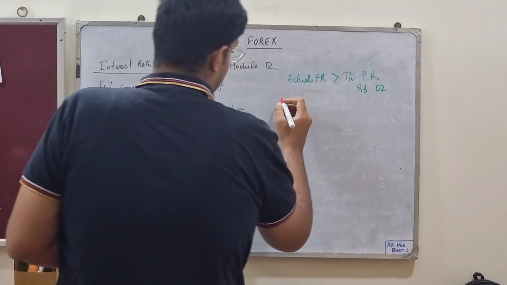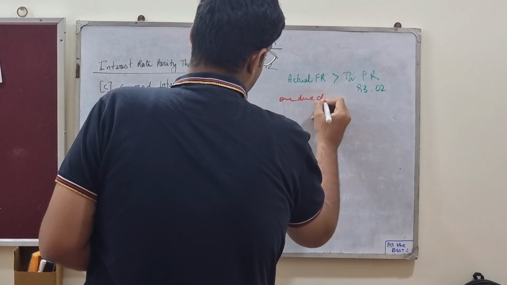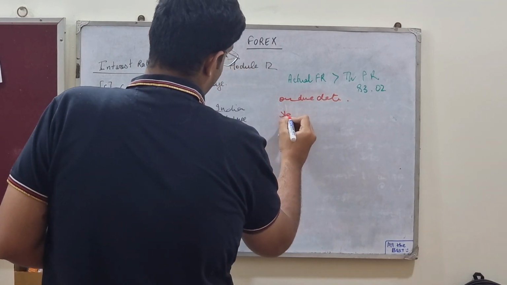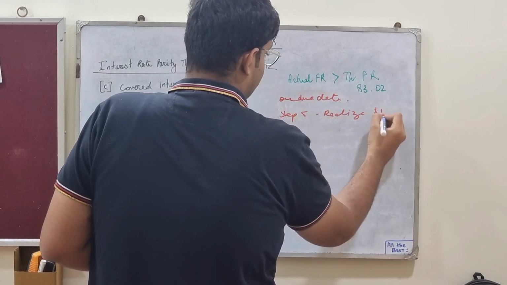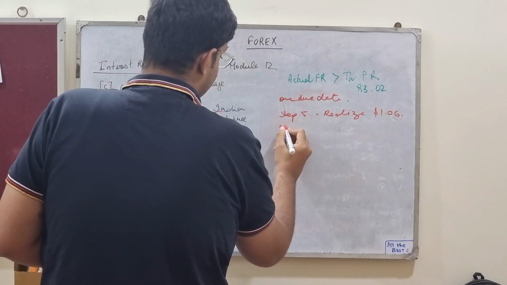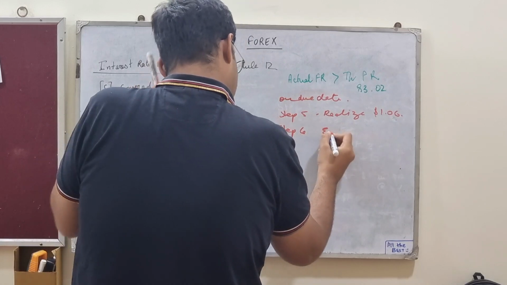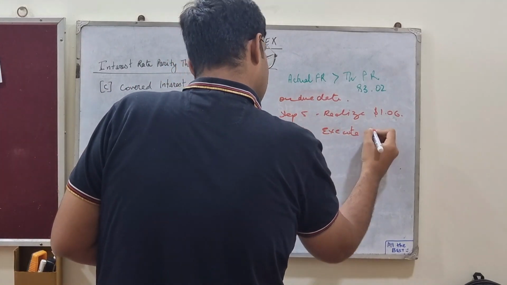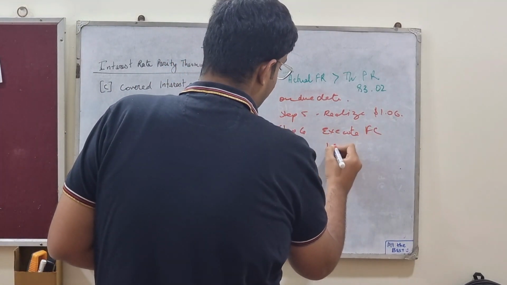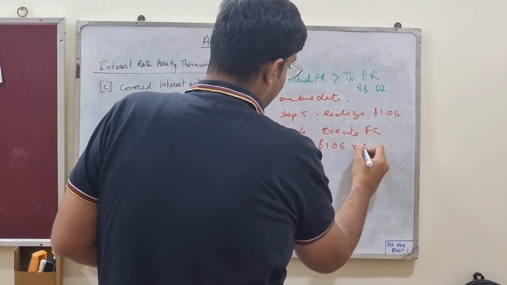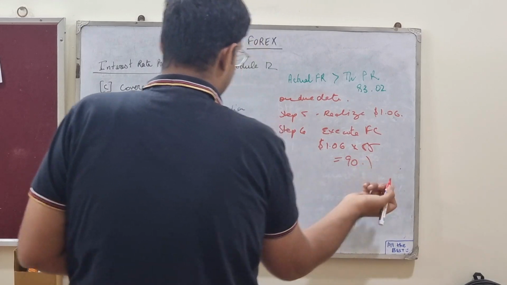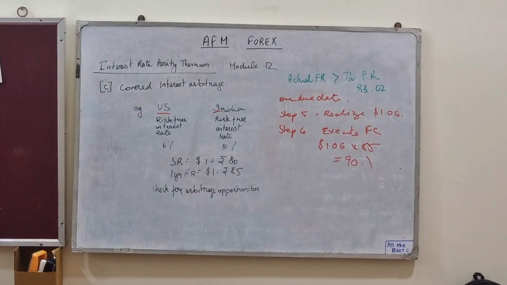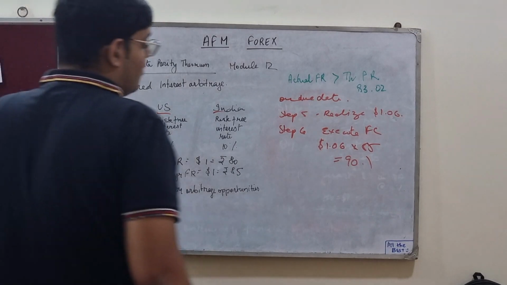On the due date, step 5, realize $1.06. Step 6, execute the forward contract, which is for $1.06 times 85, that would be 90.1.